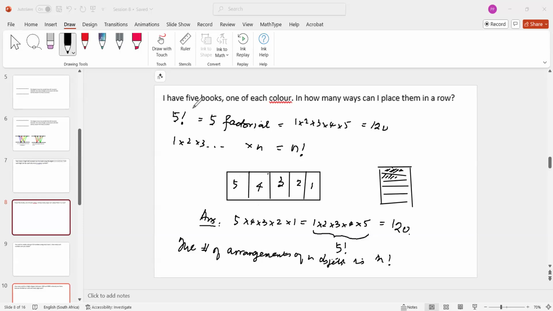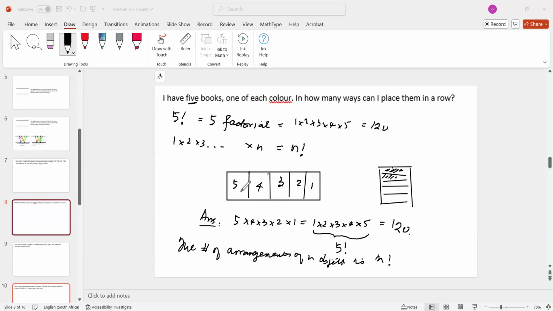If you had five books, how many ways can you place them in a row? That's an arrangement. There are so many different ways in which you can arrange them. Now, how many ways can you arrange them? We saw the answer was 5 factorial. And the same logic applies, right? Only then you will have n boxes because you've got n books or n objects.